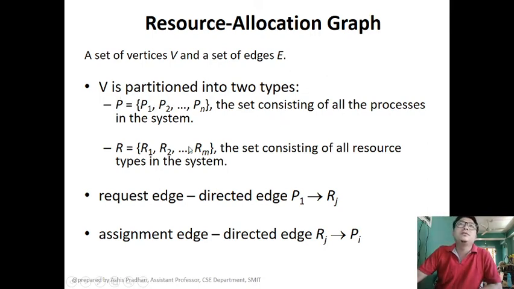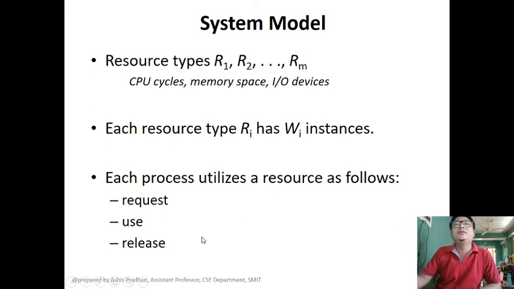Now coming to the edges. The edges we are going to use in a graph are directed edges, showing from where to where it is going. There are two different kinds of edge: one is request and another is assignment. As I've told you, whenever a process wants to use any resource, it has to make a request.